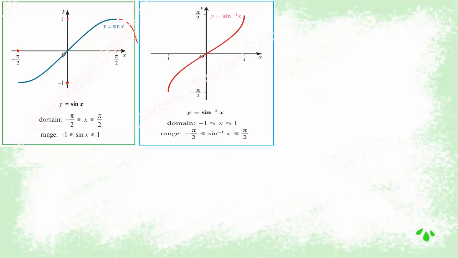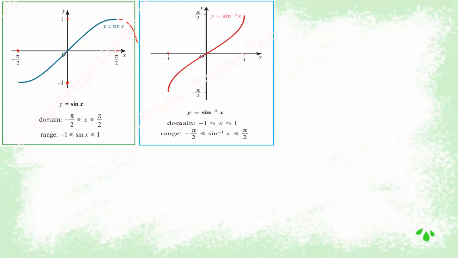In other words, these are the amplitude of sine of x and cos of x. So the maximum and minimum values are minus 1 and 1. That is the range. But for the inverse, the domain is minus 1 to 1, and the range is minus 90 to positive 90.